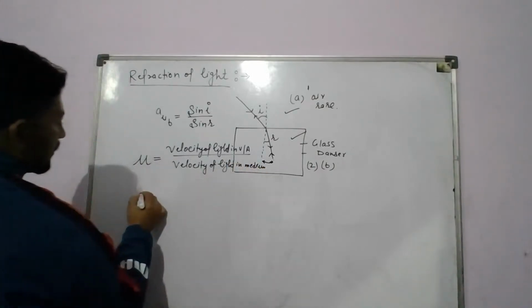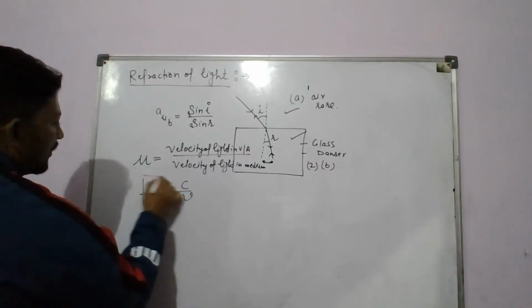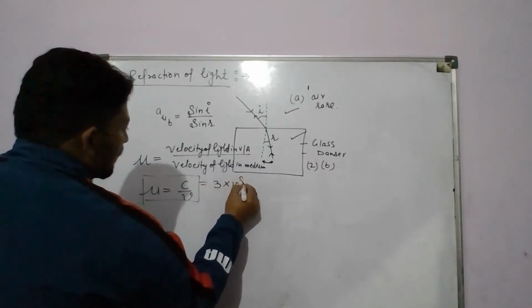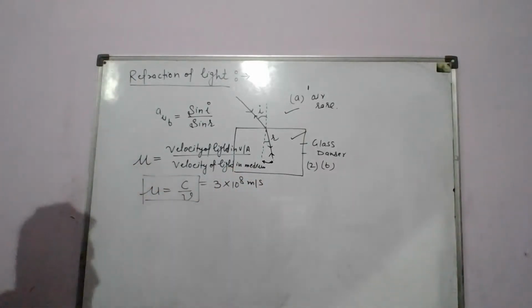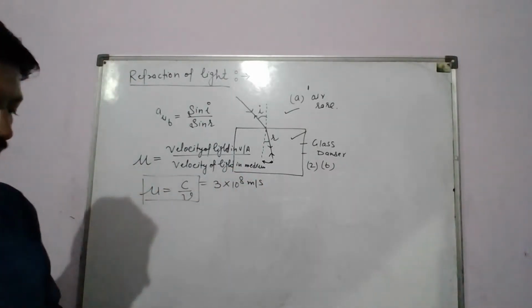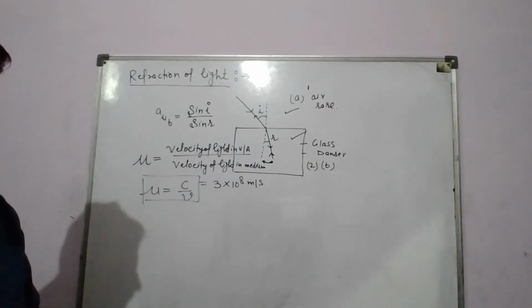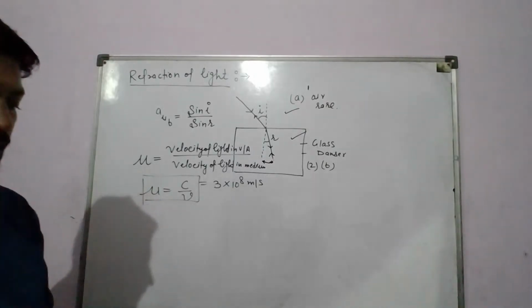It means mu is equal to c upon v. c is equal to 3 into 10 raised to power 8 meter per second. There are so many values of refractive index; you know the refractive index of diamond, kerosene oil, water, etc.